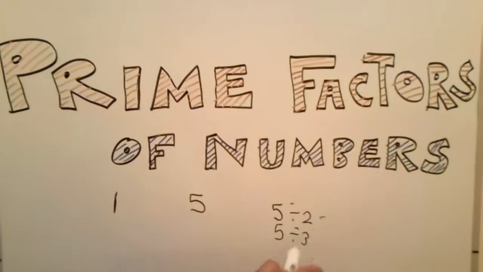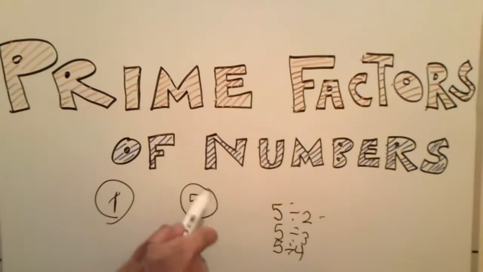No. What about 4? No, 4 doesn't divide into 5 to get a whole number. Eventually we come to 5, and 5's already there. So the factors of 5 are just 1 and 5. That means 5 is a prime number because it only has 1 and itself.